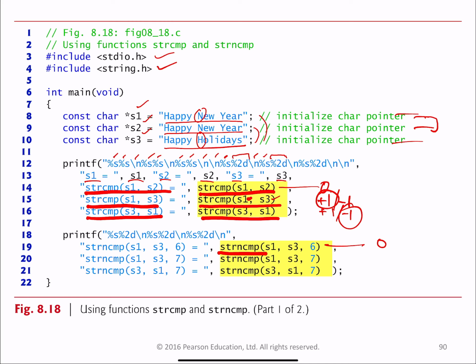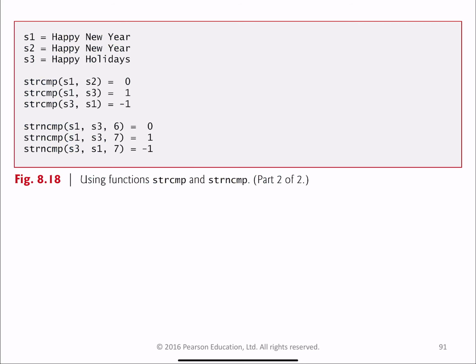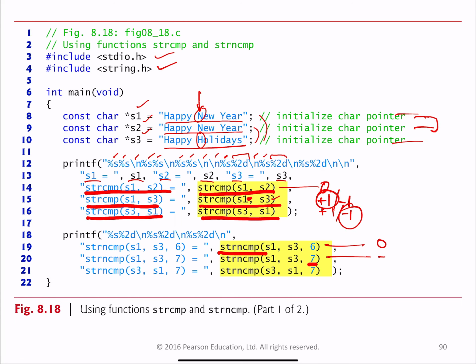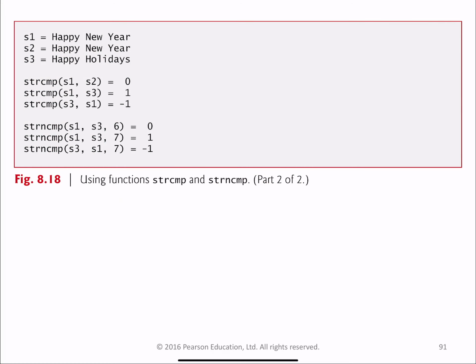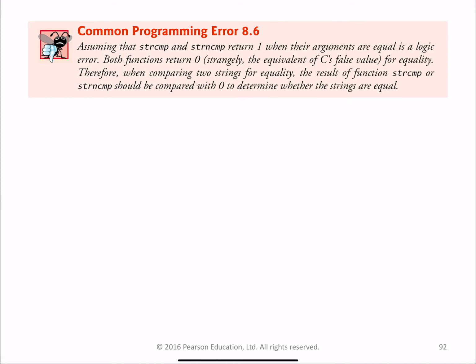But then when we compare S1 and S3 up to 7 characters, that includes this column of letters. And then S1 and S3 should return us +1, and S3 to S1 comparison should return a -1. And you can see that's what we see in the output when we run this code.